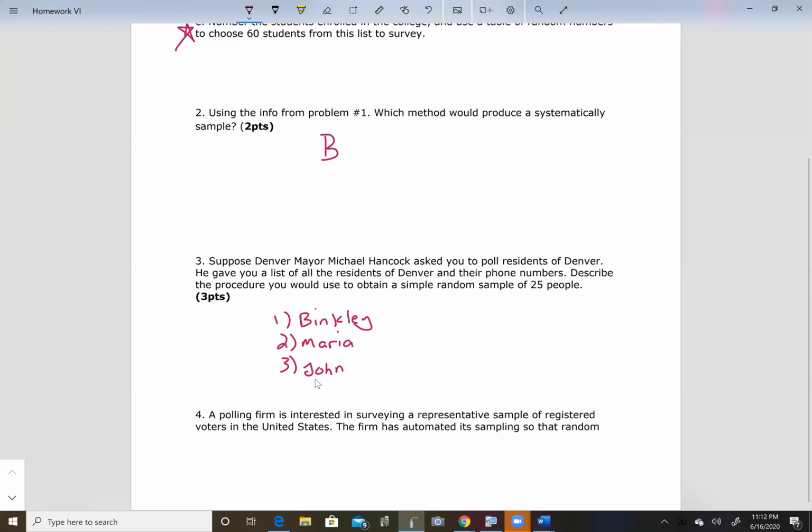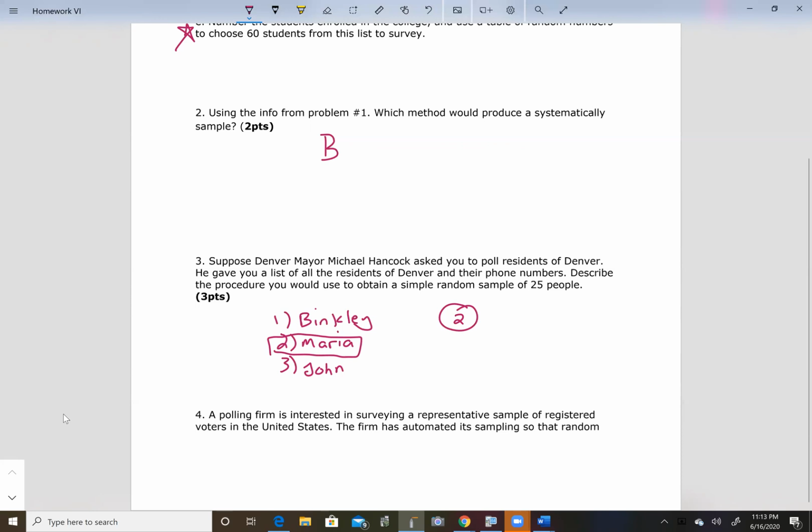Okay. So if I make a list, obviously there would be hundreds of thousands of people on this list. If it's everybody in Denver, the random number generator would spit back, maybe it spits back a 2 as one of those numbers. Then I know that Maria would be one of the people to poll.